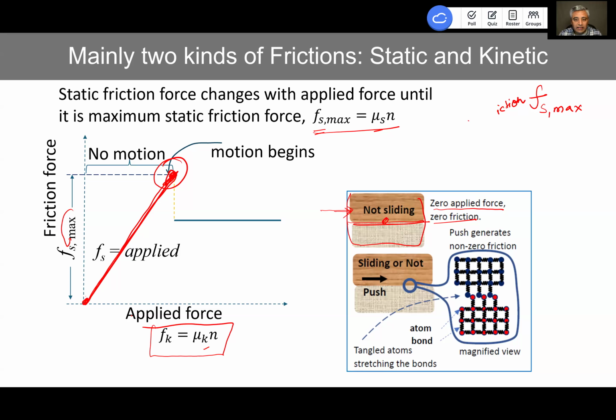Now, why is there friction force, and why are there different kinds of friction force between two different surfaces? To answer that question, we have to go all the way to the microscopic level. I probably already said before as well, all objects are made up of atoms or molecules connected by chemical bonds.